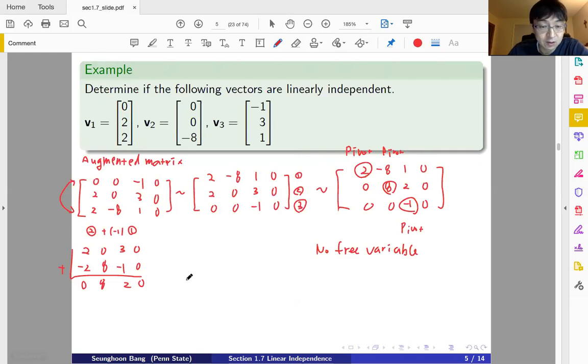So this means x1 times vector v1 plus x2 times vector v2 plus x3 times vector v3 equal to vector 0: the homogeneous equation has only the trivial solution.